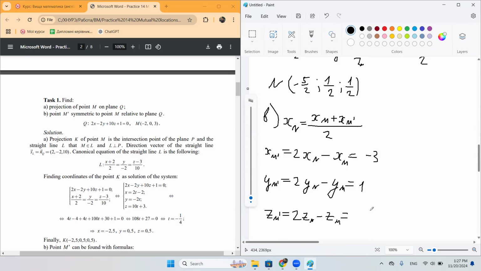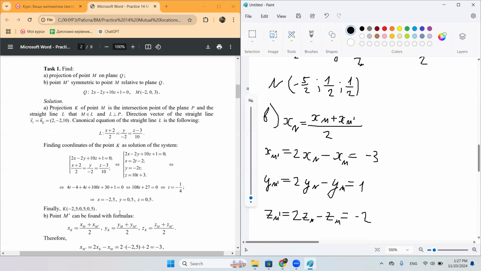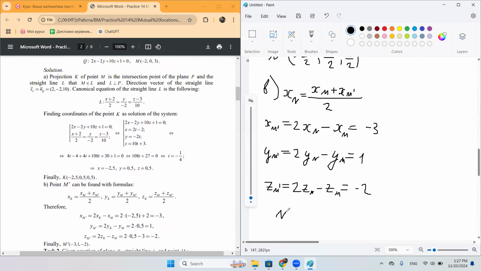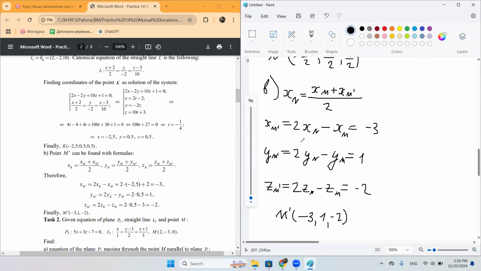So 1 minus 3, so minus 2. Yeah, so correct solution. So finally, point M' has coordinates minus 3, 1, minus 2. Any questions about this task? Okay, as I see no questions, so continue.